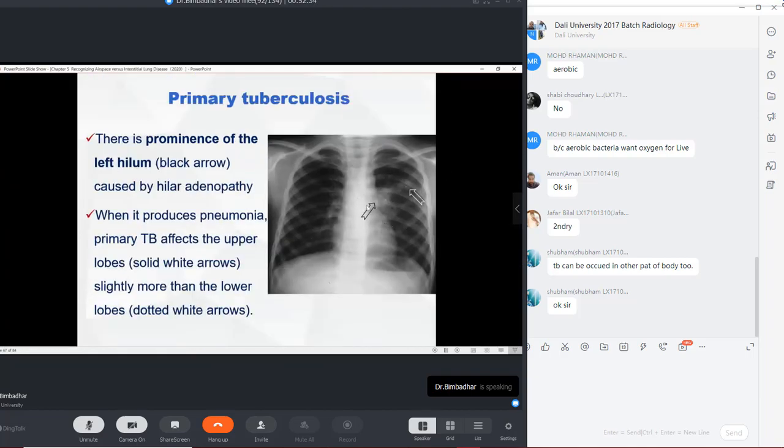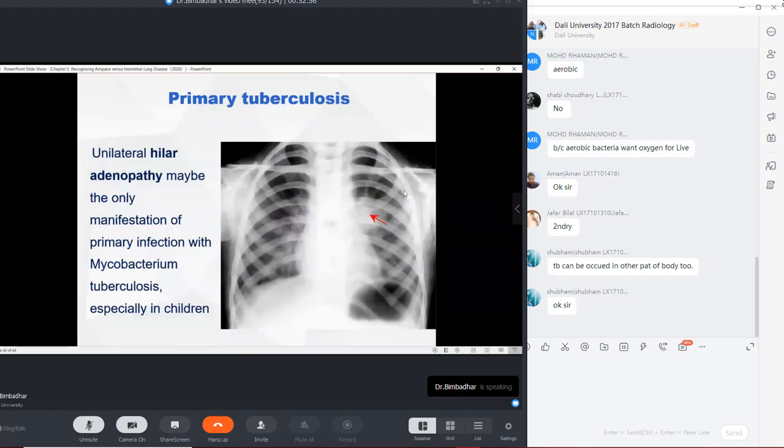Now this is actually called a Ghon focus. This is a Ghon focus. Got it? Remember, that is a Ghon focus, which suggests that the patient has only granulomatous reaction. Got it? And here also the same thing you see, unilateral hilar adenopathy may be only the manifestation of primary infection with Mycobacterium tuberculosis, especially in children.